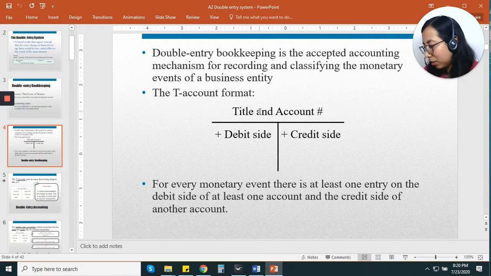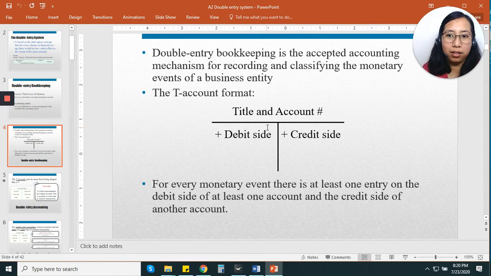This is actually the name of a categorized transaction. For example, all cash is in here. All amounts or the increase in amounts of equipment are all recorded in there. It is similar to ledgers. We'll discuss that later.